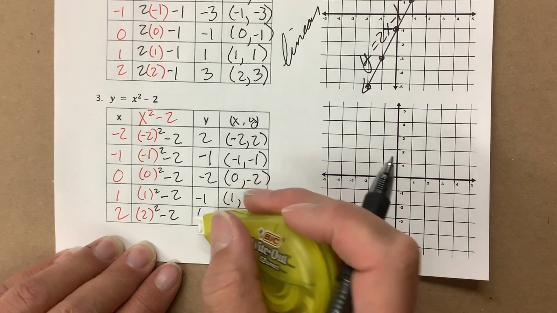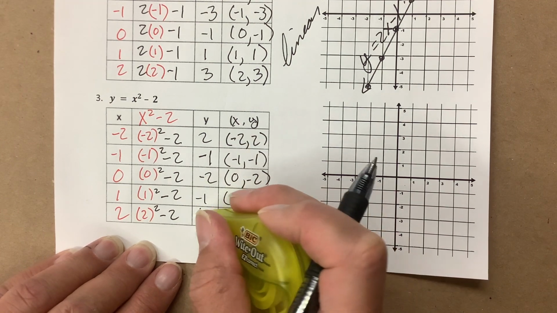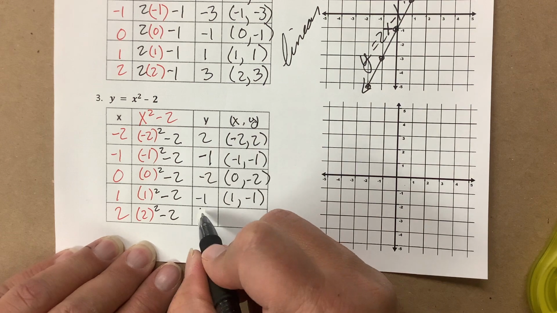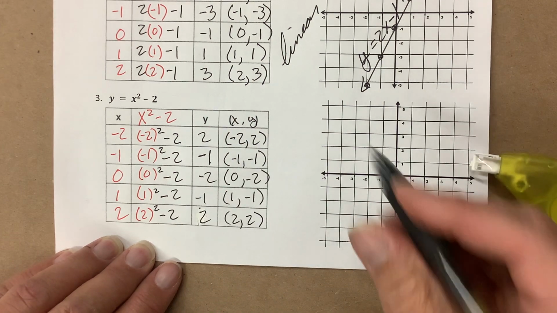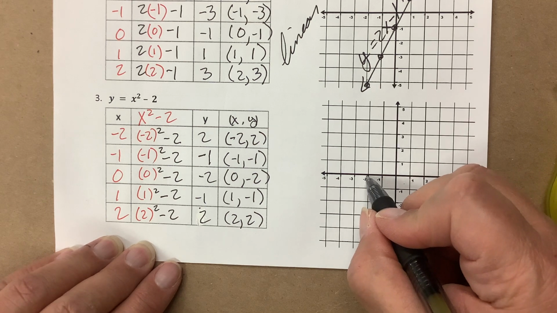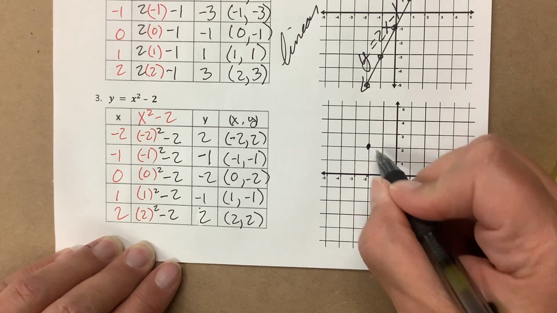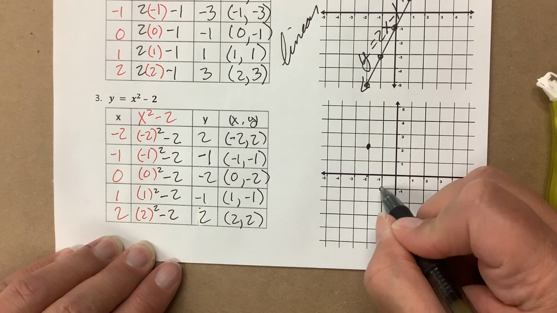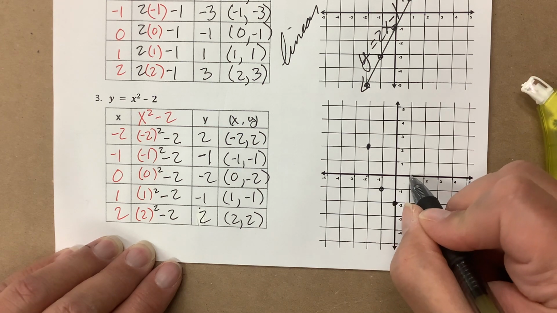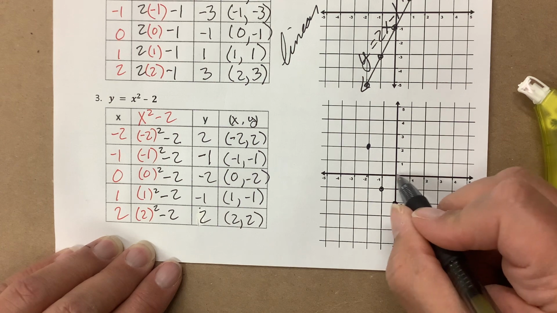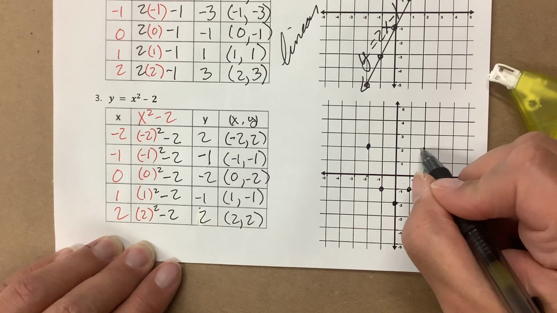You're making mistakes, Bono. Don't make mistakes. 4 minus 2 is 2. And you get (2, 2) as your point. So (-2, 2), (-1, -1), (0, -2), (1, -1), (2, 2).